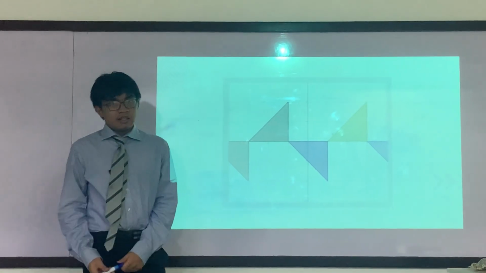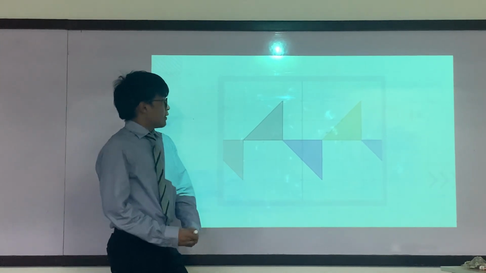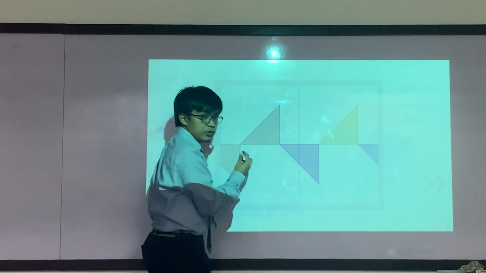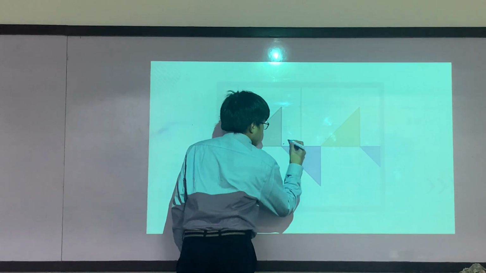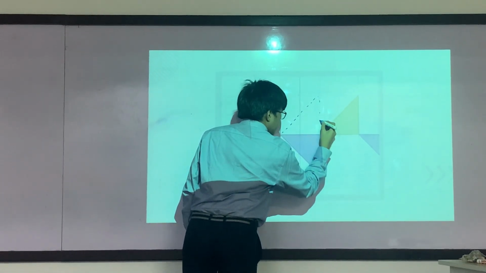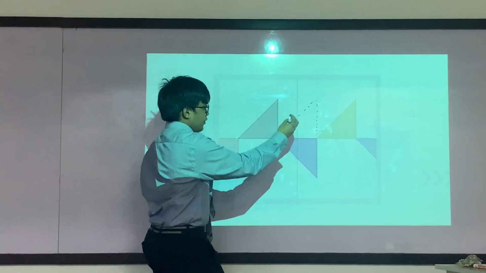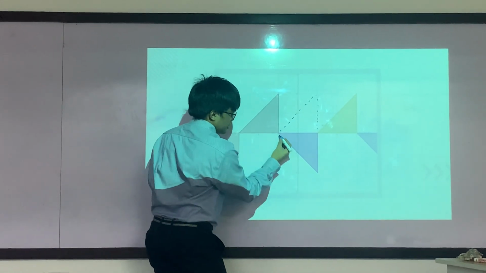This example is an example of a line reflection. As you can see, this triangle here is moved 2 units from its original position, and then it is reflected over the x-axis and results in this image.